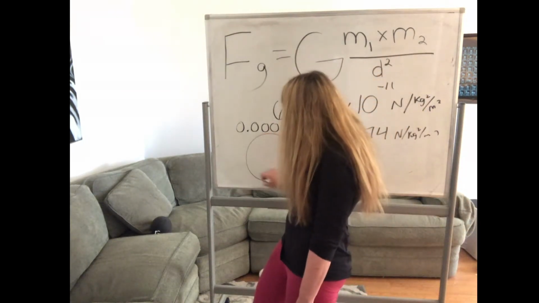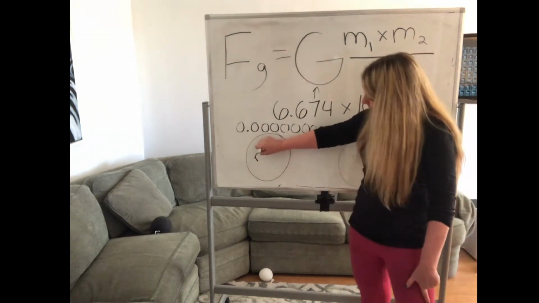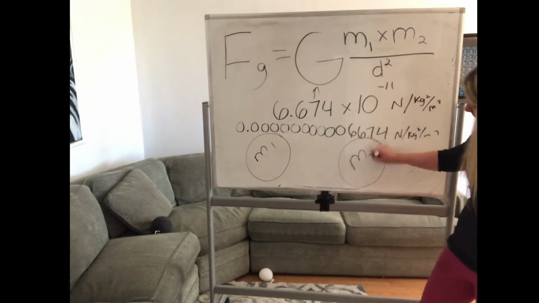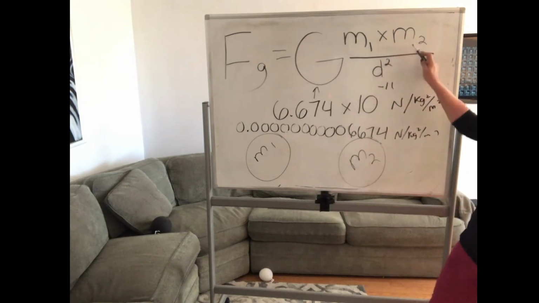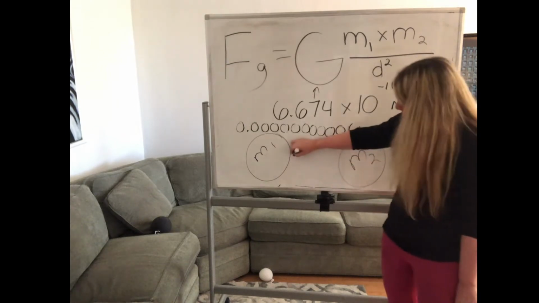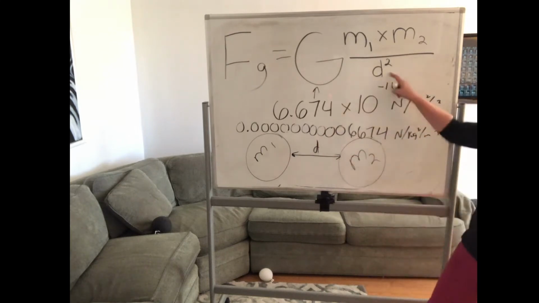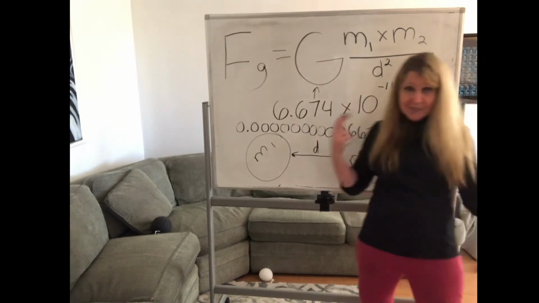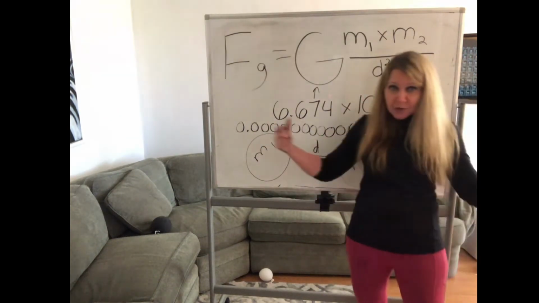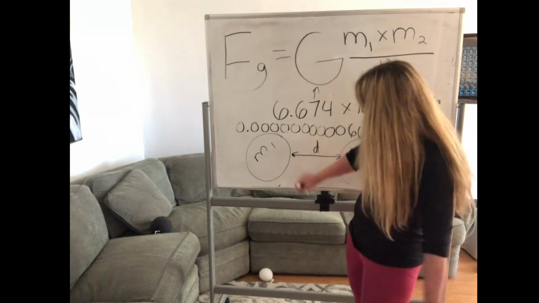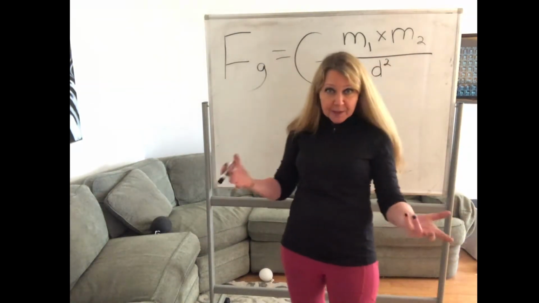If we have two objects, this is M1, this is M2. And we know the masses of the two objects. And we know the distance between the objects, which is d. We square it, we can actually figure out the gravitational force between them. In other words, what is the force of attraction? Okay? So let's look at an example.